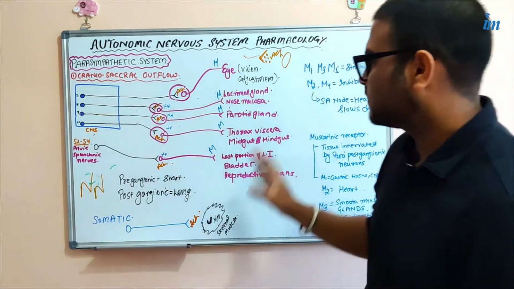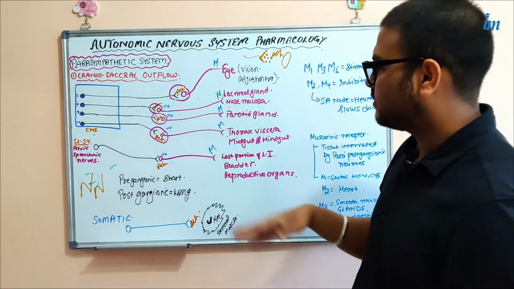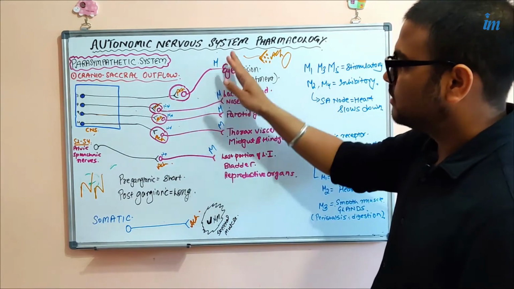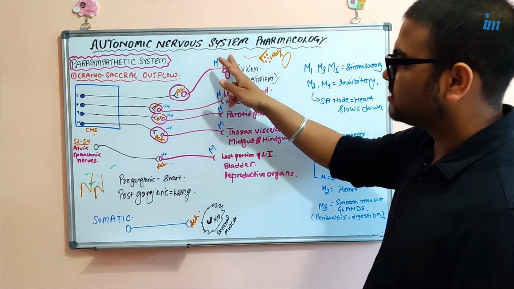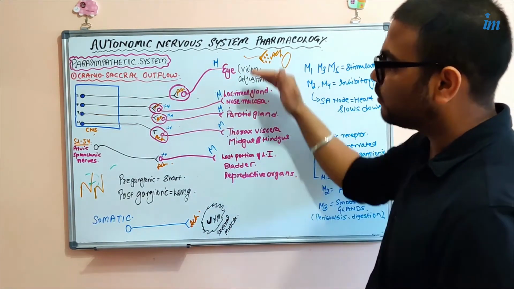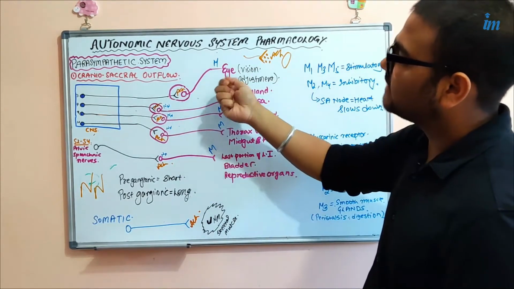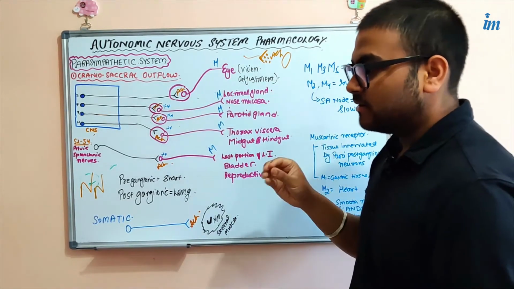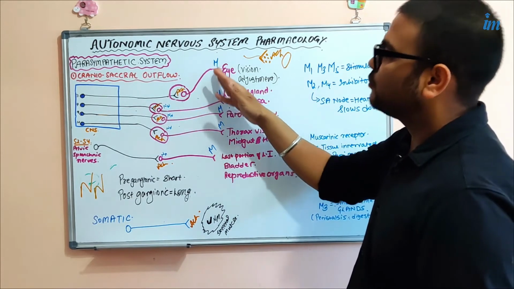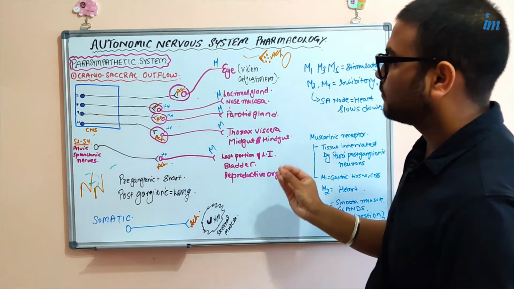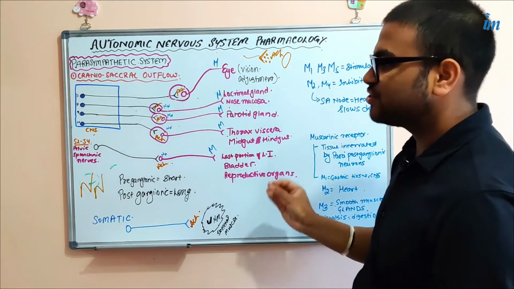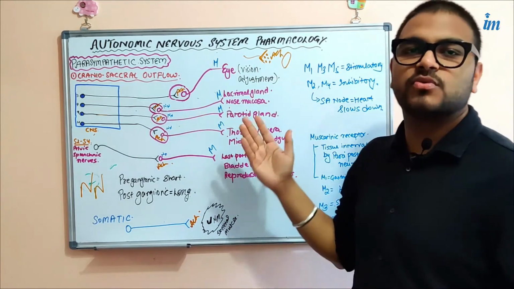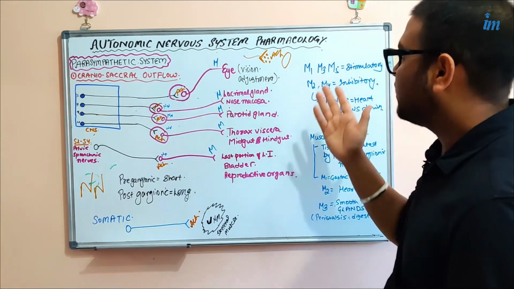Okay, so let us again recapitulate everything. These postganglionic neurons have receptors on various organs, and the acetylcholine that is secreted by the postganglionic nerve endings acts on the muscarinic receptors present on the various systems and produces the effect.